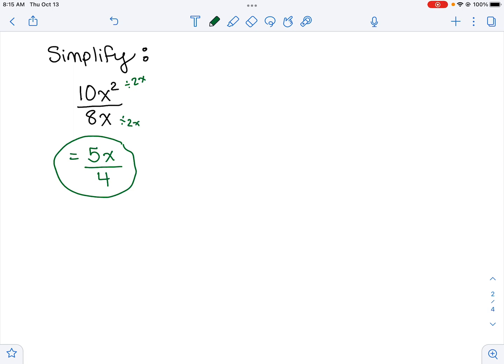Okay, now there's something weird that we have to do with these. After we simplify them, we have to do something called stating restrictions. Because we've altered the original expression, we've got some restrictions, some limitations for x. There's something x can never be.